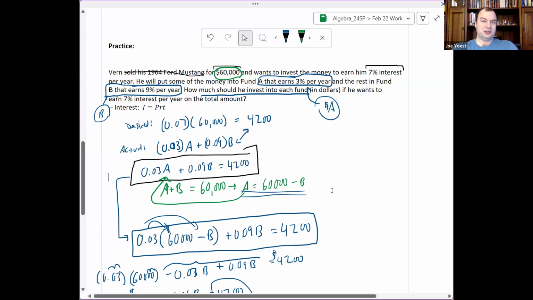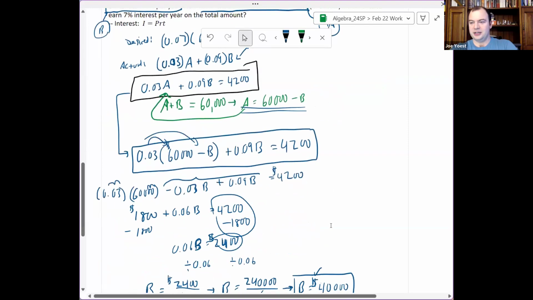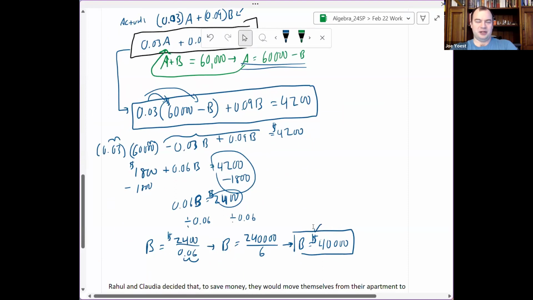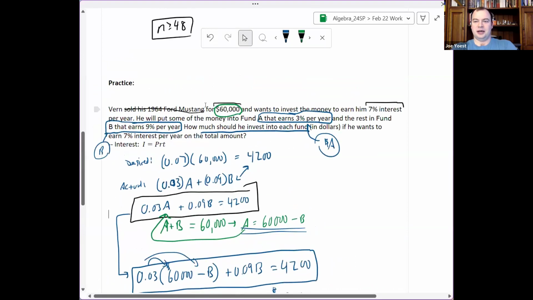It's a little less egregious than trying to mix negative volume of fluid, but still, because we can go into debt and have negative money, but probably not a solution to the problem. But certainly if I wanted to invest $80,000 in fund B, we would also balk at that. But 40,000, that is part of 60,000, so that seems like a reasonable answer.